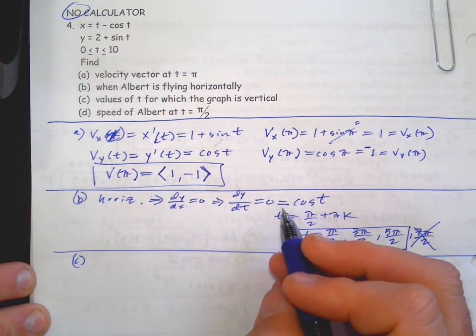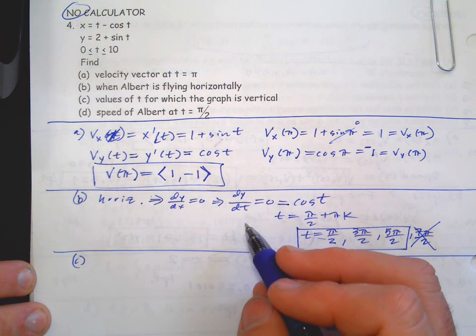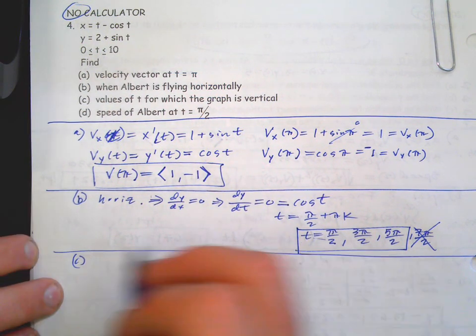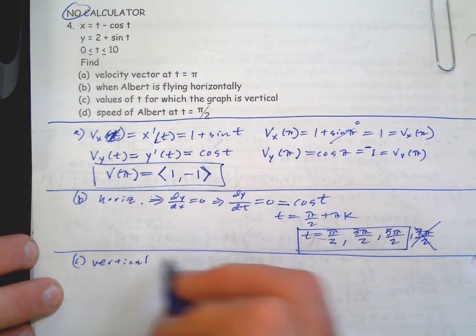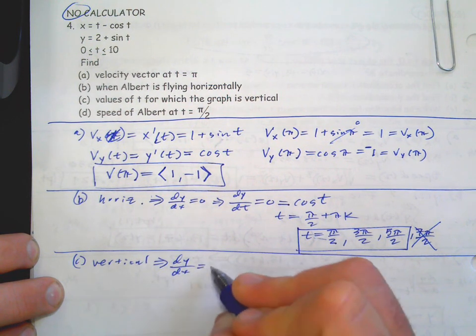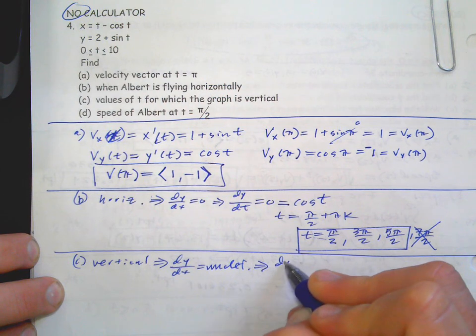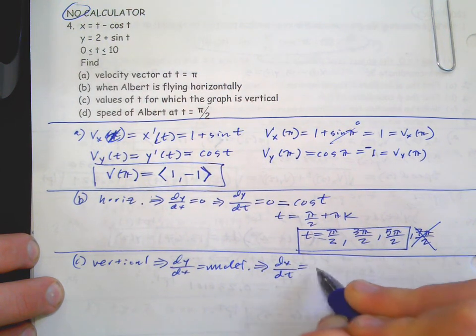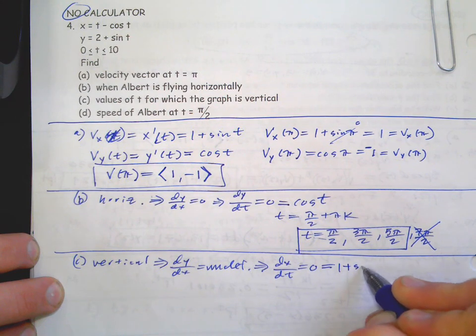As long as dx/dt doesn't equal 0 at the same places. So we're going to find that on the next problem anyway. Vertical is when the slope is undefined because it's infinitely steep. It's going to be when dx/dt equals 0, which is 1 plus sine of t.